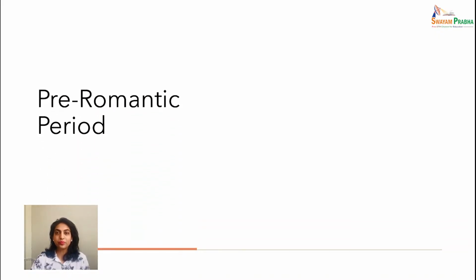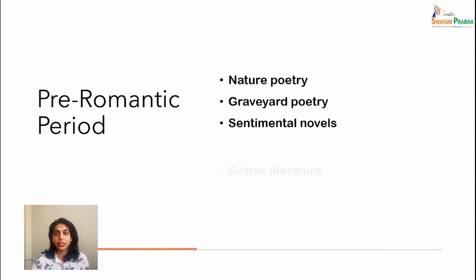In poetry, alongside the cult of natural and picturesque landscape poetry, the cult of melancholy also started and found its place in the poems of the graveyard poets. Similarly, a great interest in Gothic themes in narratives also went up.